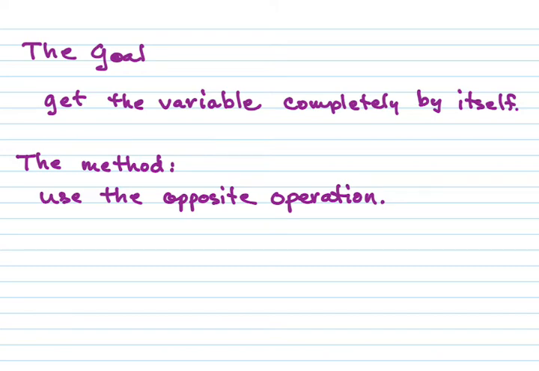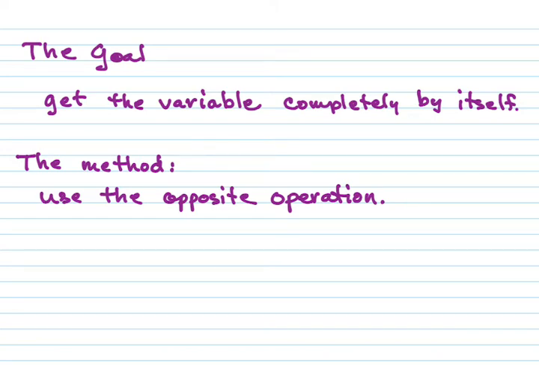So what that means is that if two things are connected by multiplication, you would take them apart by using the opposite. What's the opposite of multiply? Division, yeah. If two things are connected with division, you would multiply. If they're connected with a plus or a positive, you would subtract. If it's a minus, you would add. And now you know how to solve an equation.